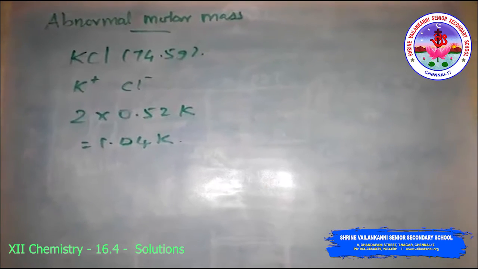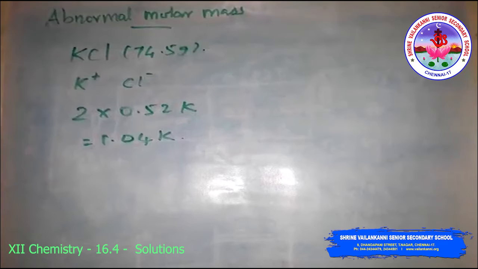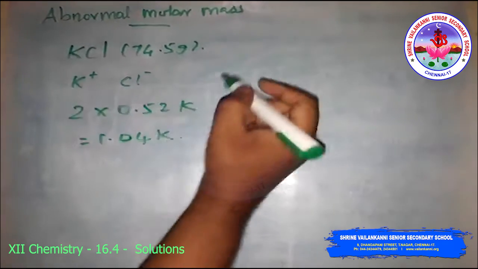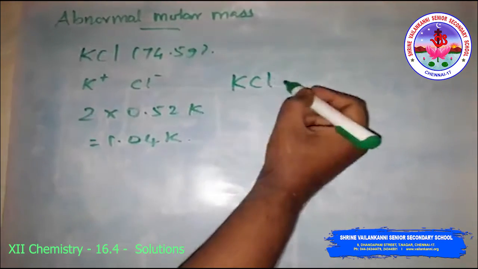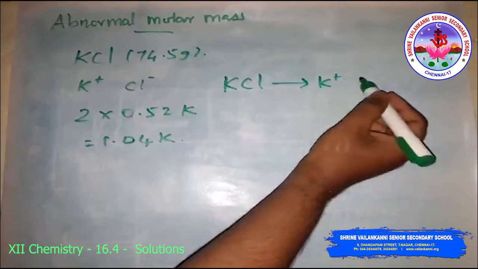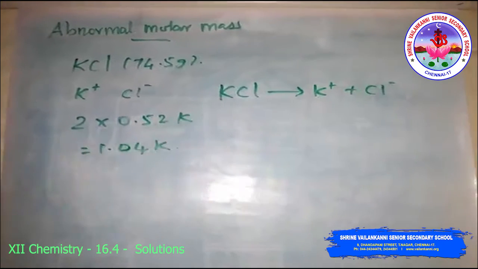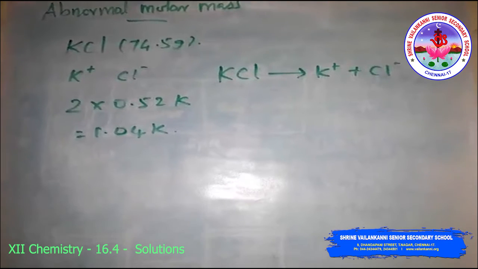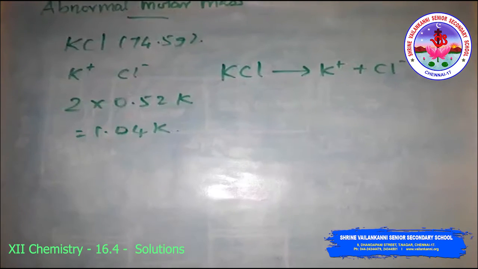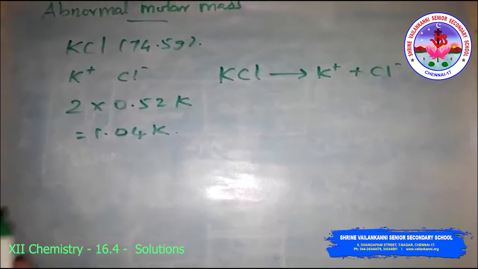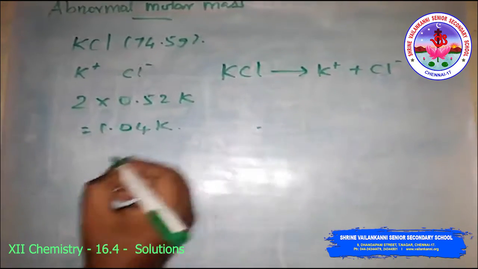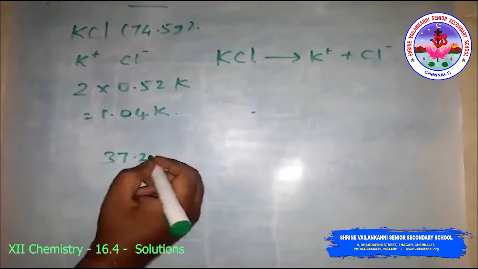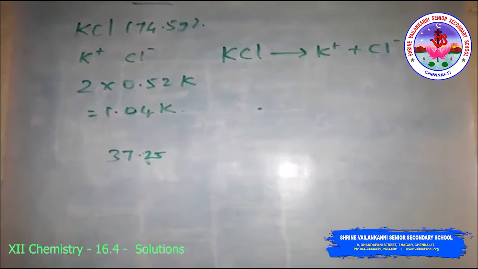Now if we did not know about the degree of dissociation, that is, that KCl dissociates into K+ and Cl-, we would think the mass of 2 moles of particles is 74.5 gram, so the mass of 1 mole would be 74.5 divided by 2, that is 37.25.